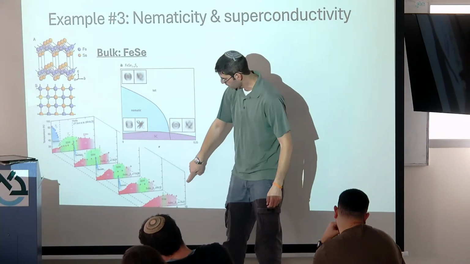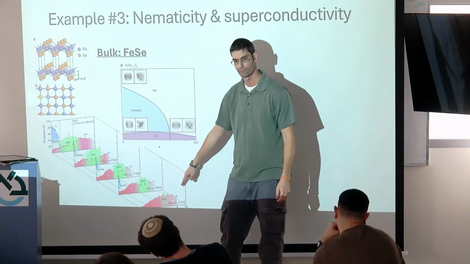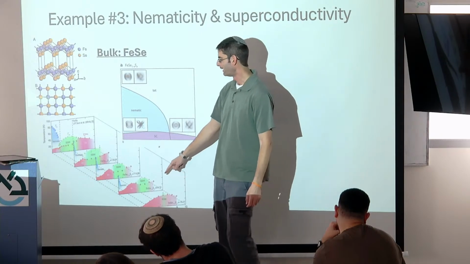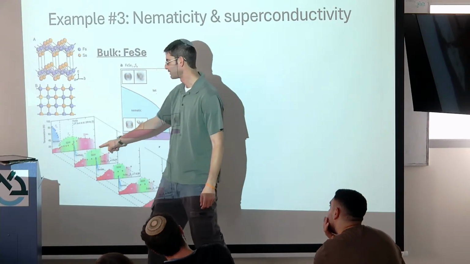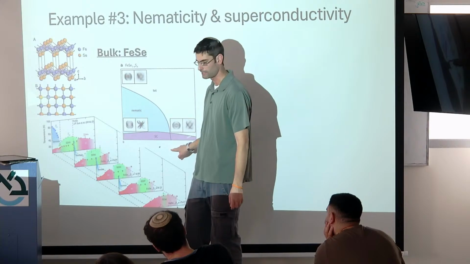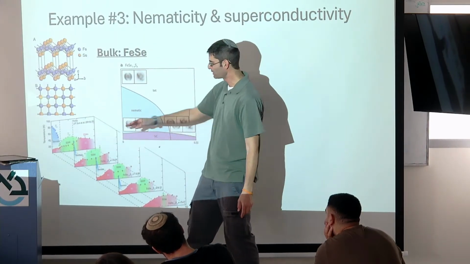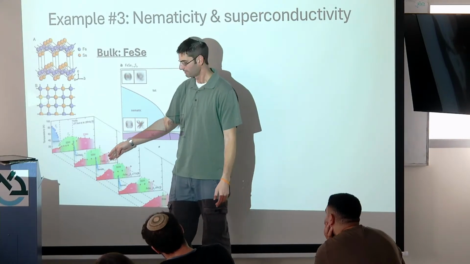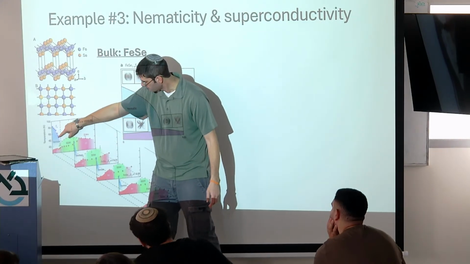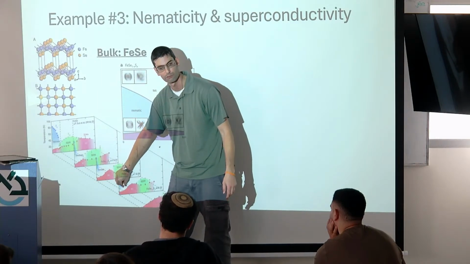But what I really want to show you is this three-dimensional phase diagram where on one axis they change the doping, they add some sulfur, and on the other one they apply pressure. And each one of these is like a phase diagram. So you see that as you apply pressure, this nematic area becomes narrower and narrower.